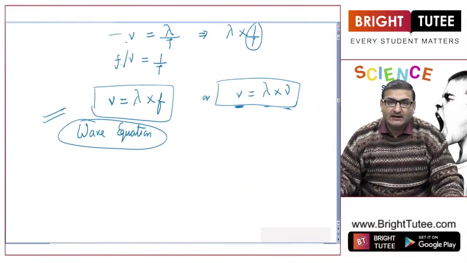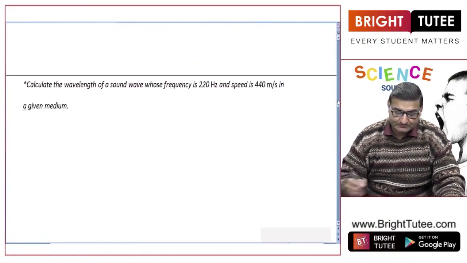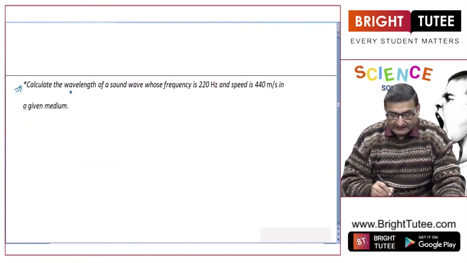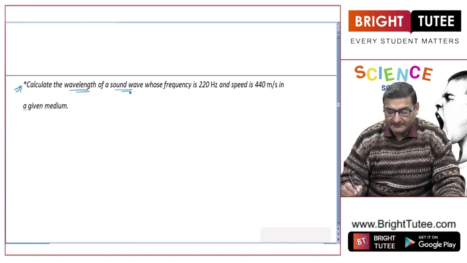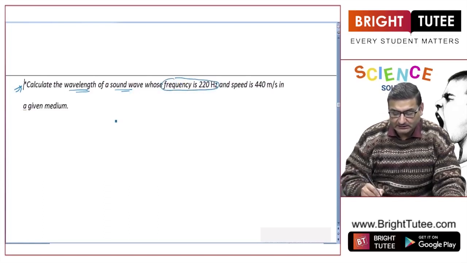Now let us see a few numericals based on this wave equation. The first question: calculate the wavelength of a sound wave whose frequency is 220 Hertz.